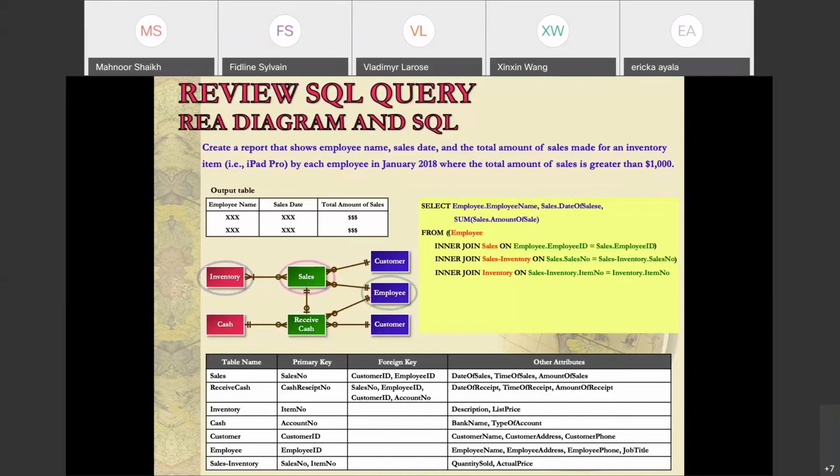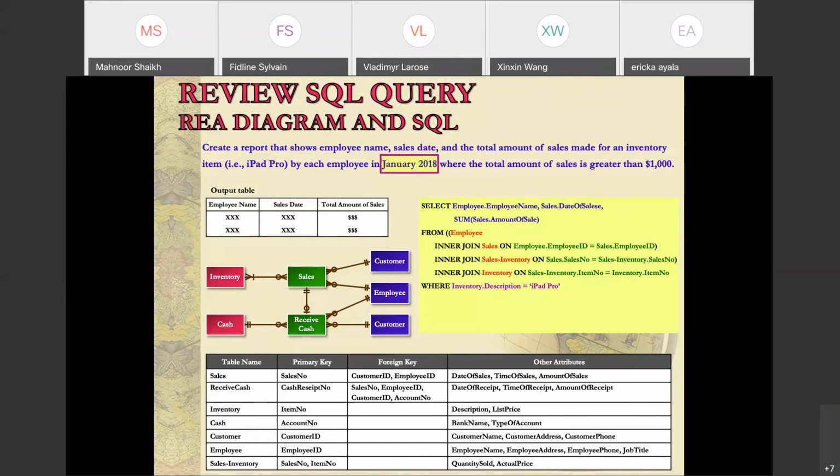After that, we need to identify the description for the iPad Pro. So what are we gonna do? We're gonna use the where command. Inventory dot description equals iPad Pro. Right?